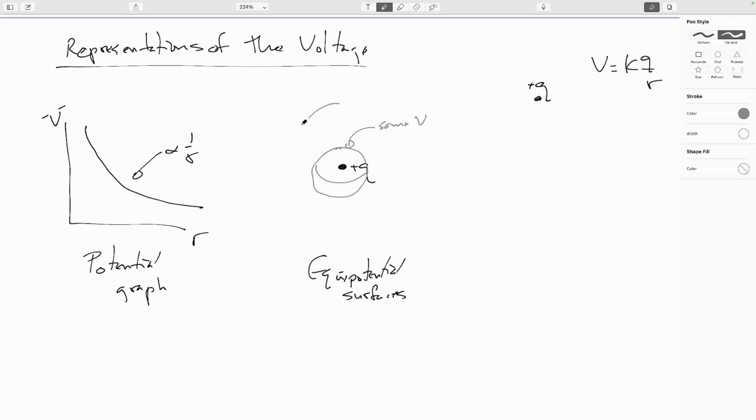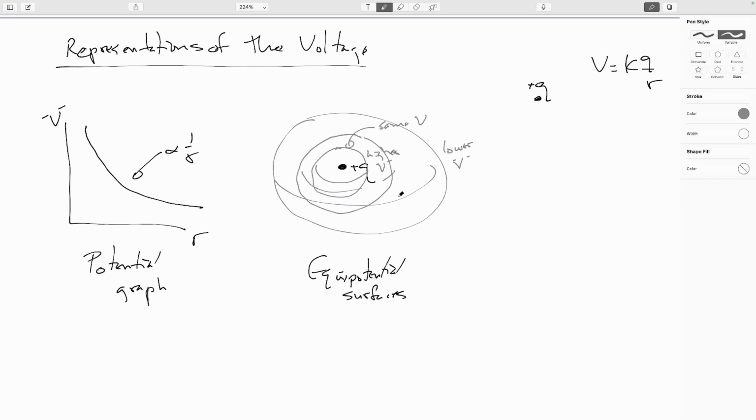Then I can draw another surface that's bigger, like this. This will be a different voltage. So this will be a higher voltage here because we're closer. This will be a lower voltage. And then I could have something in between, and I'm going to draw it closer to the higher than the lower.